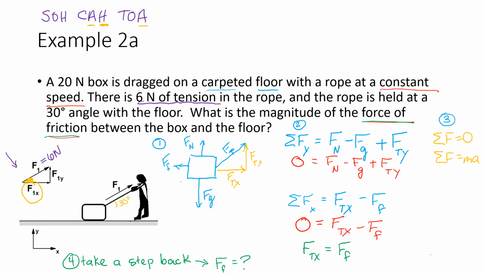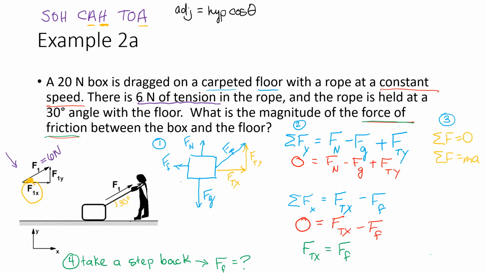Now the best way of writing the trig functions for physics looks like this, which is slightly different than how you see it in math. Normally in math you see cosine of the angle equals the adjacent divided by the hypotenuse.